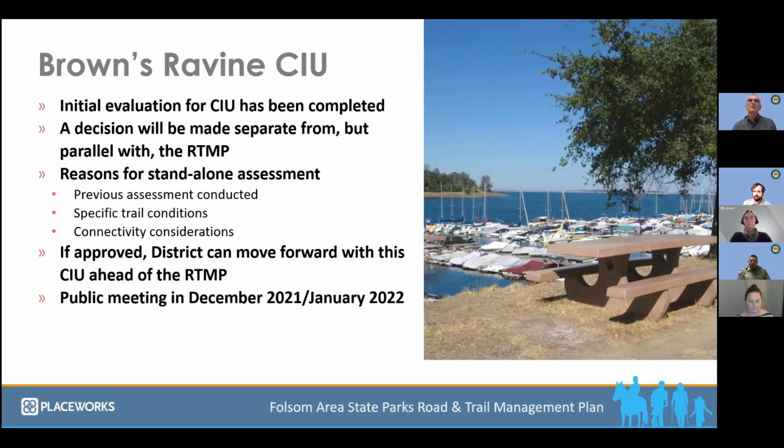We will use the road and trail management plan contact list to announce the meeting date, among other means. Specific discussion regarding the Browns Ravine change in use proposal will occur during this meeting.